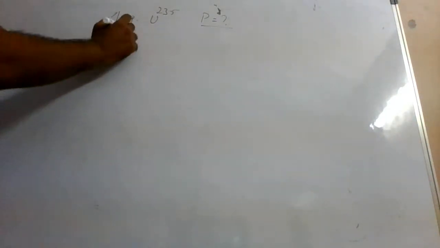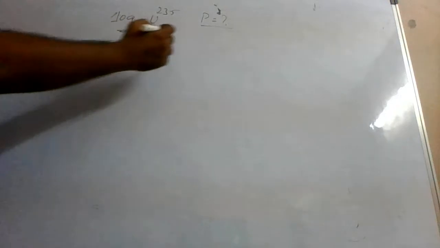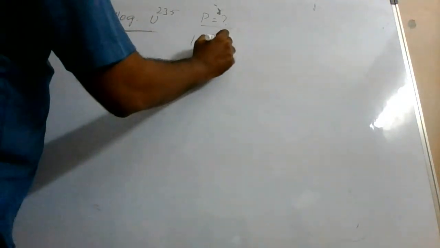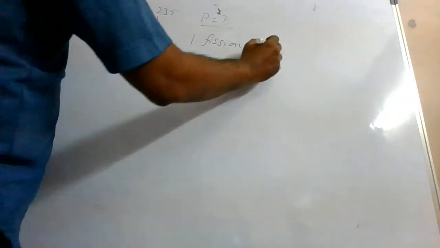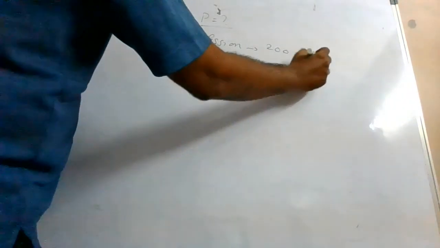First you have to calculate the total energy. One fission gives you 200 million electron volts. Now uranium 235 is 10 grams, this is the fuel rod. So how many atoms will be there in that?